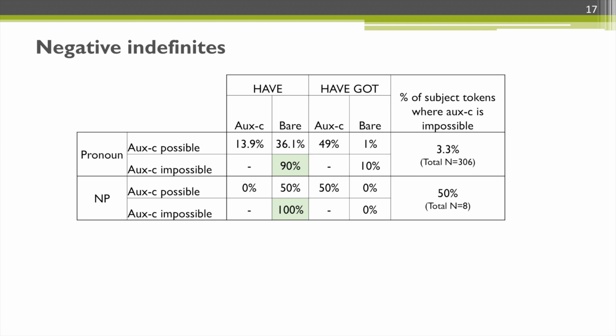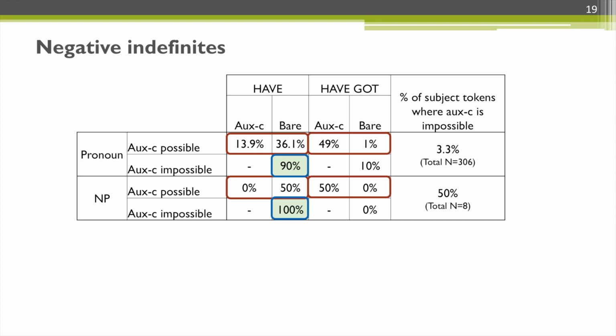And what we actually see is that when you just look at the context where auxiliary contraction is possible, it doesn't actually make a difference what the subject is, because you can use 50-50 have, have got, okay? So the subject actually doesn't make much of a difference on your choice of have or have got if you can contract, okay? However, in the context where you can't contract, then you get 90 and 100% have, okay?